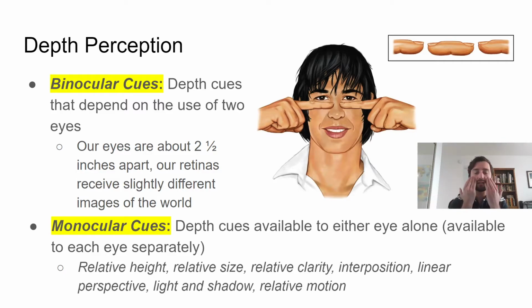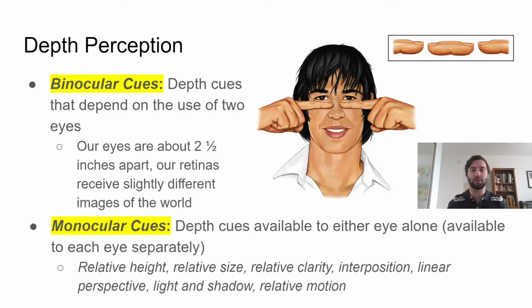So our eyes are each receiving a slightly different picture of the world, a slightly different image. So our brain takes that slightly different image and basically calculates the distance. So we know the bigger the difference, the bigger the shift between the two eyes is, the closer it is to us. The less the difference, the less the shift will be.